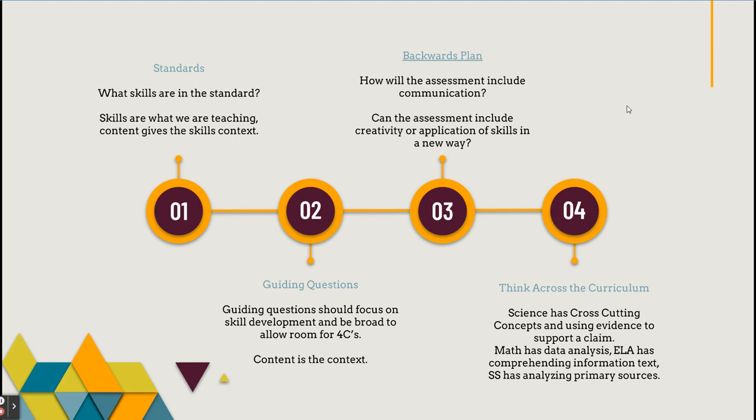But as you backwards plan, you can kind of scaffold all of this into your assessment at the end, which is the idea anyway. So maybe your assessment has parts of the 4 C's in it, or maybe the assessment is kind of a culmination of using the 4 C's throughout the activities that were prior to that assessment. It's really up to you, right? You get to decide all of these things.